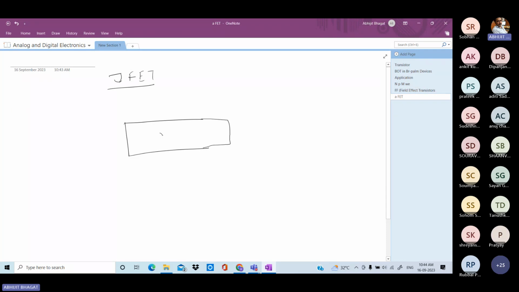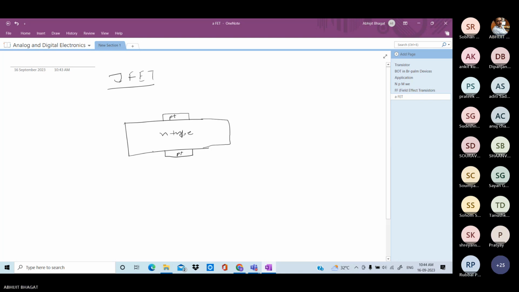Suppose we are taking the N type semiconductor bar. In this bar, some portion at the top is highly doped with P type impurities. P plus means highly doped with P type impurities.